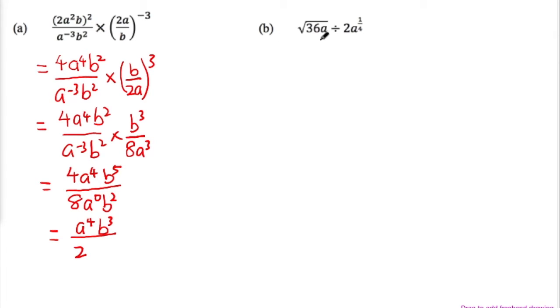In order to do the division, we must make sure that this term is expressed in an index form. The root of a number is just simply a power of half.